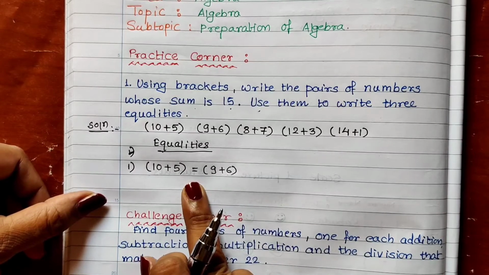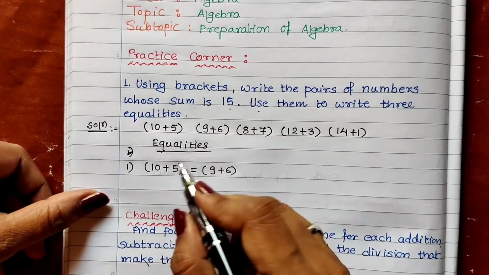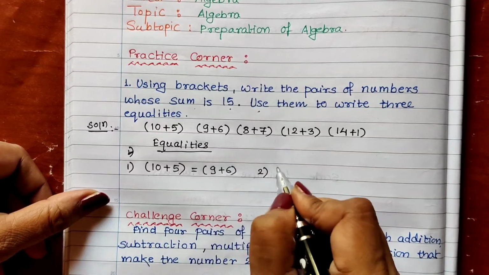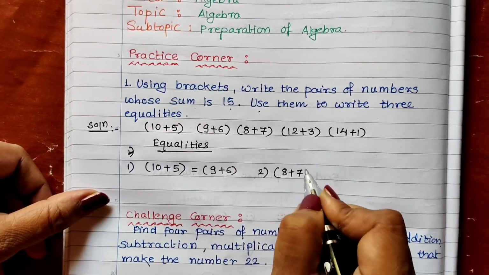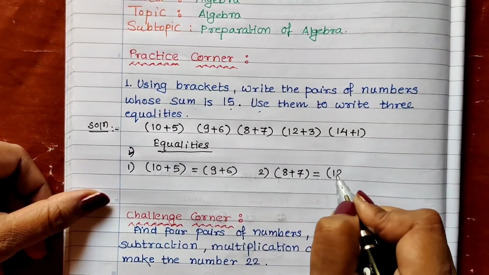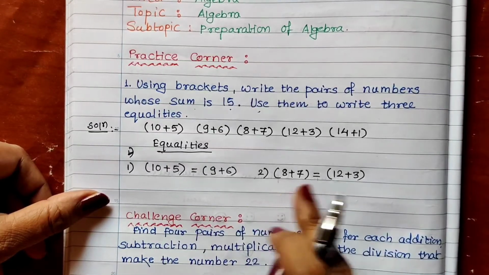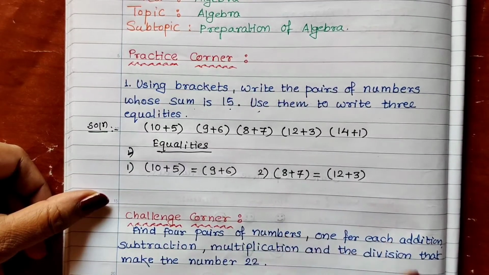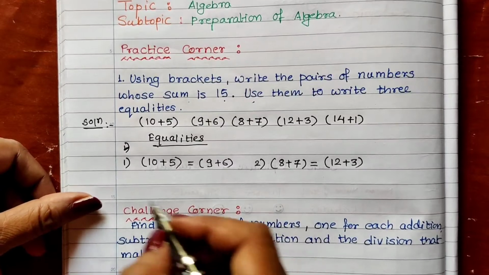So we can put an equal to sign between these 2 brackets. This is known as equalities. 8 plus 7 is equal to 12 plus 3. Again, both the brackets' answer is the same, and that's why we can use them to write our equality.